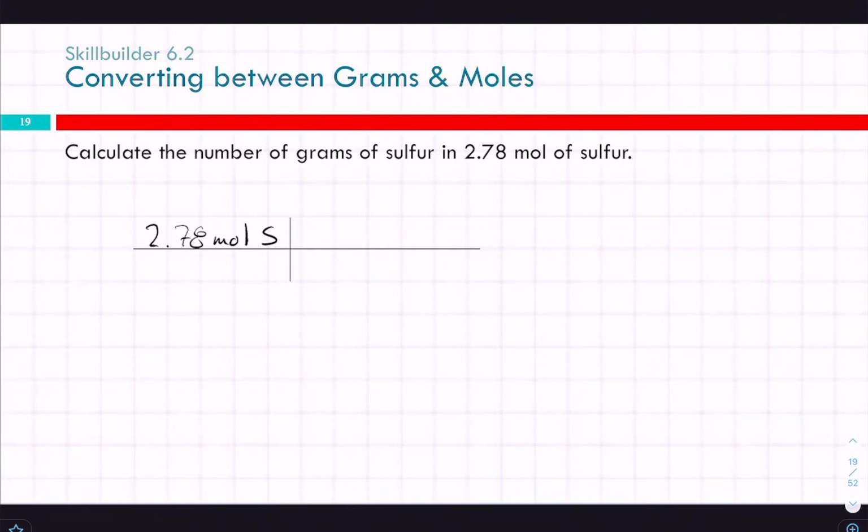And then our conversion factor from moles of sulfur to grams of sulfur would be, well, if we put the mass on the bottom, that's the next step. What's the conversion factor first? 1 mole of sulfur is how many grams? It's on the periodic table. 32.066.